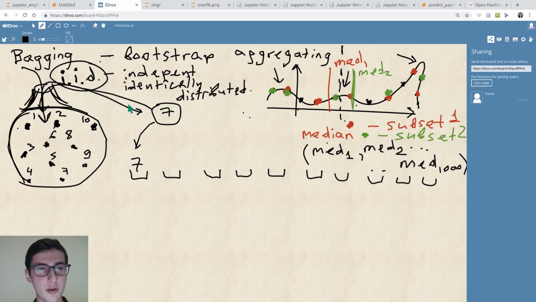Okay, and so we return it back, and then we take another one. Let's say the second ball is going to be the 5th one, and again we write down number 5 and return this ball into the bag. And we make this procedure 10 times, and actually the very same ball number 7 can be put out again.